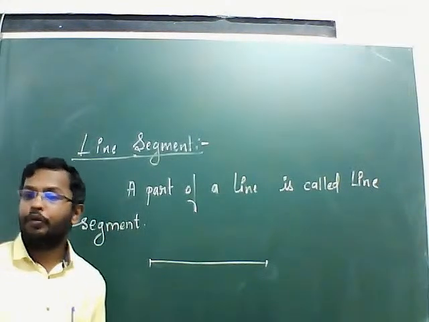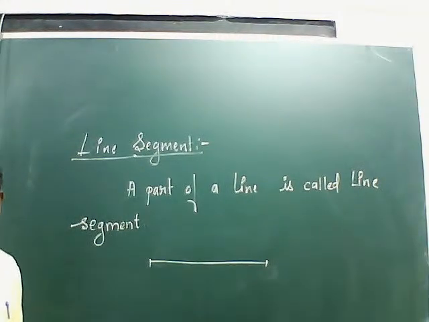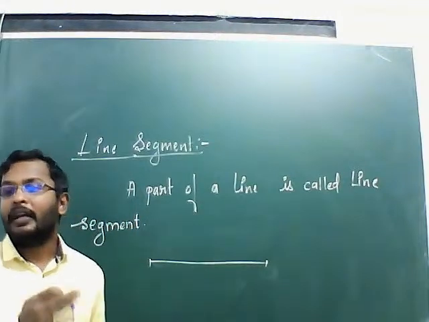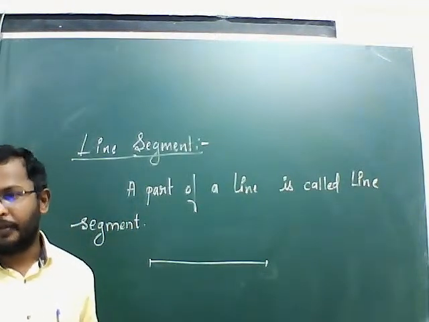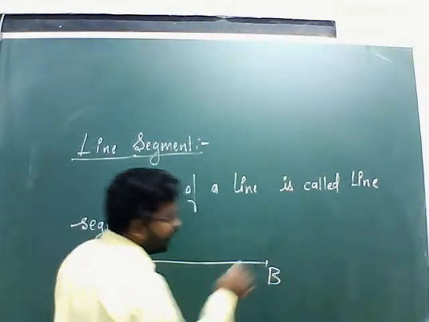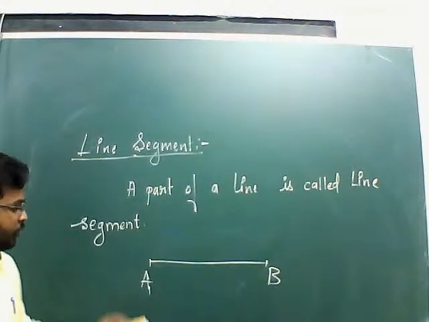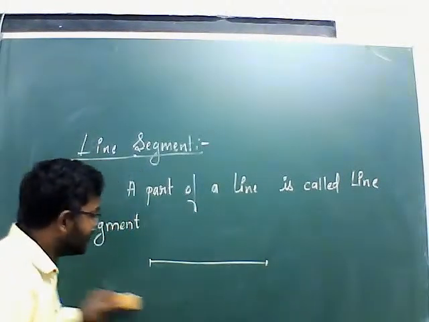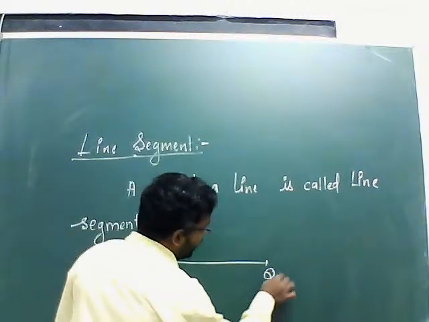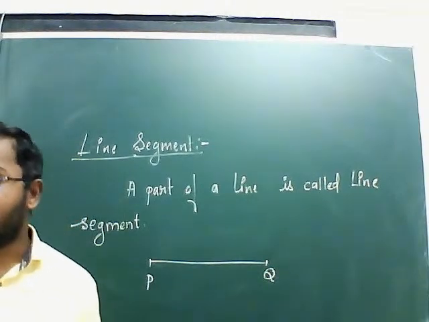Already I told, in order to name points we have to use capital letters. You can use any capital letters, and whenever you are using capital letters, use continuous capital letters. Like suppose if you take A, the next point take it as B. Or else if you take P as this point, try to take it as Q. So points should be continuous. Try to keep points continuous.